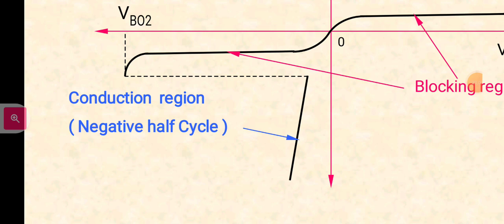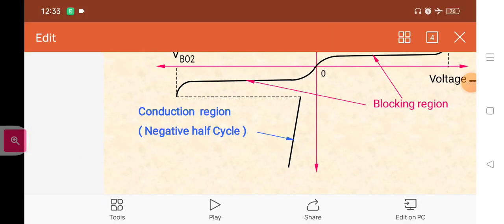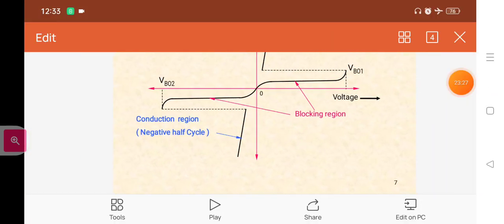The characteristics are very similar to forward bias operation, but the reverse bias characteristics lie in the third quadrant as shown in the figure. So this is the total characteristics.